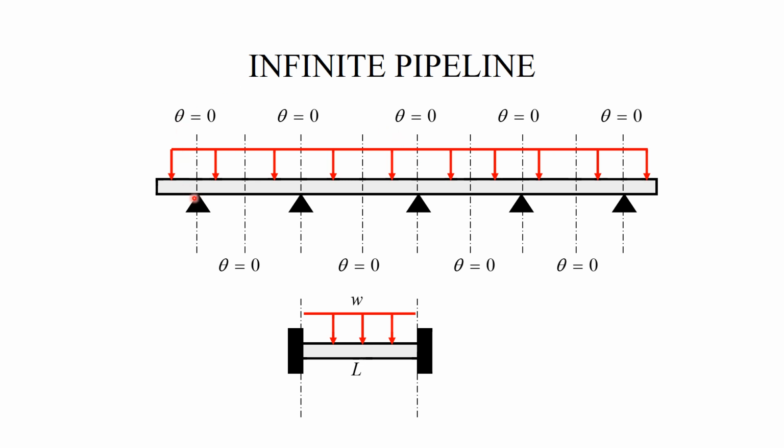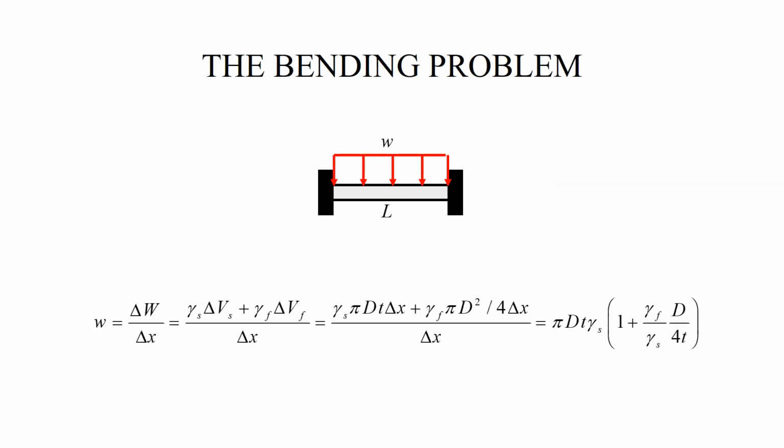Both the deflection and the angles are fixed, of length L, loaded by a uniformly distributed load of intensity W. So in effect, what happens is that if I look at a single span, the rest of the pipe, both on the left and on the right, create the conditions that make it equivalent to the wall. Now, the problem is certainly much more manageable, and let us see what we can do about it.